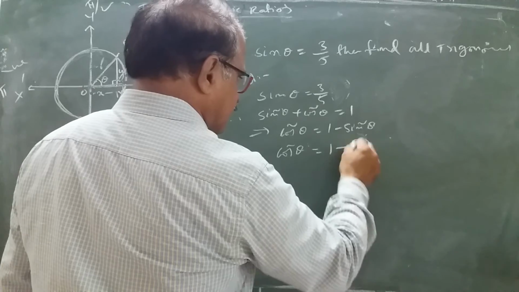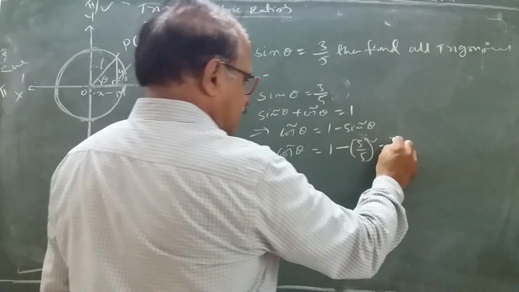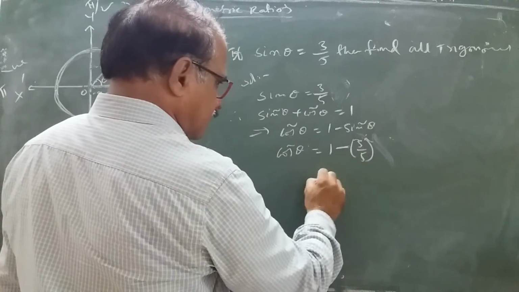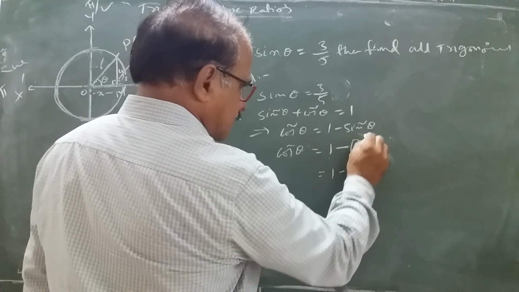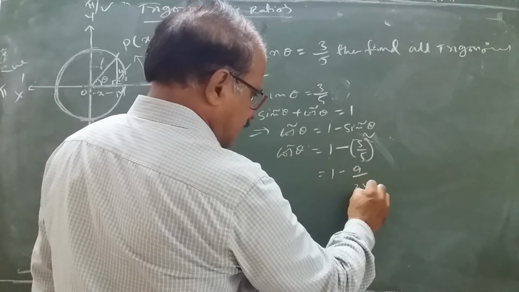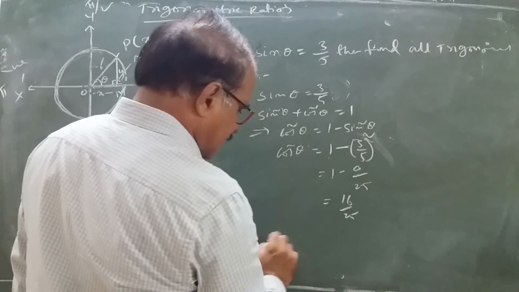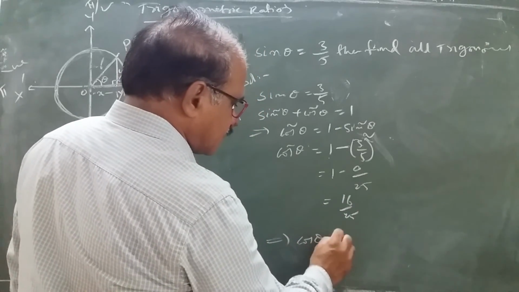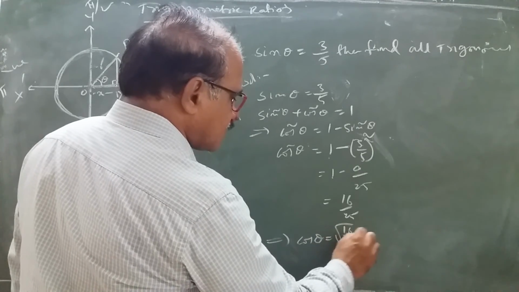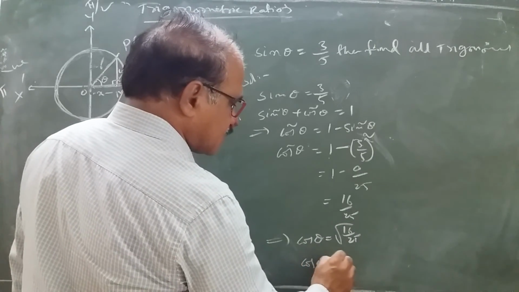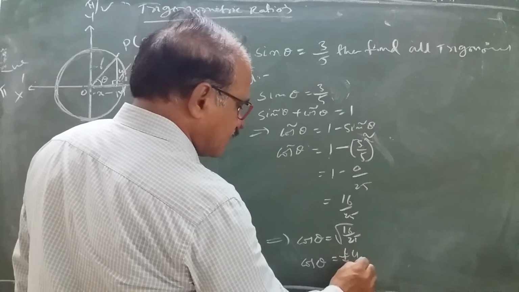So cos square theta is equal to 1 minus 3 by 5 whole square, that is 1 minus 9 by 25, which is 25 minus 9, 16 by 25. That implies cos theta is equal to root of 16 by 25, that is plus or minus 4 by 5.